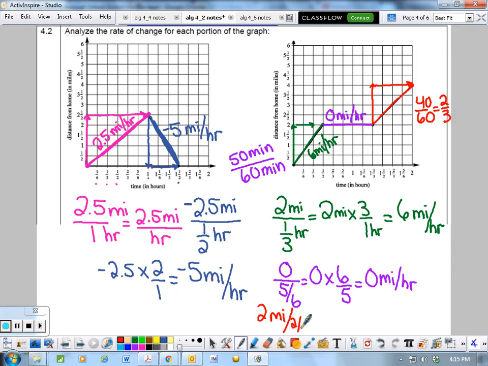So this is going to be divided by 2/3. I'm going to take 2 and multiply by the reciprocal. Now this is the first time where we're getting a fraction that's not as nice. Remember with our fractions, we multiply the top. So 2 times 3 gives me 6. And then I divide by whatever's on the bottom, and 6 divided by 2 gives me 3. And so this is 3 miles per hour.